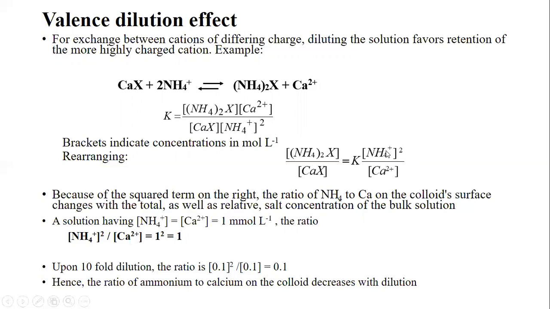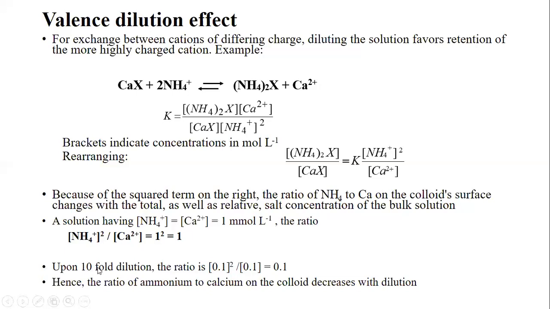If you take NH4 square over Ca, remember, the concentration of each one is 1 millimole per liter. So 1 square over 1 equals 1. So the ratio is 1.